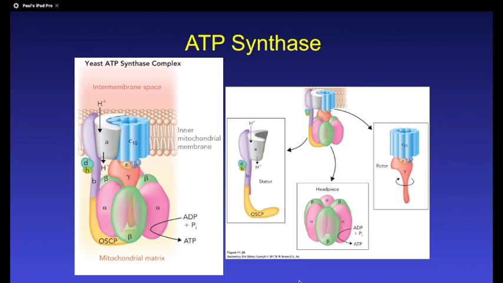So it facilitates protons going from one side to the other. And this little piece right here is actually going to spin as the protons go through. There are 3 different proteins, gamma, epsilon, and delta, that are attached to this place that spins.